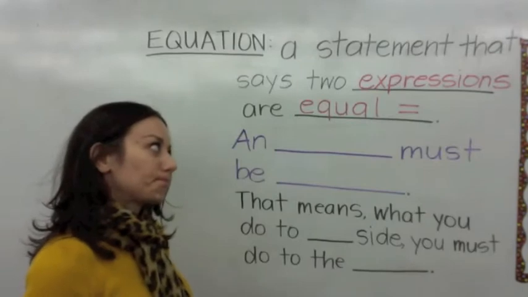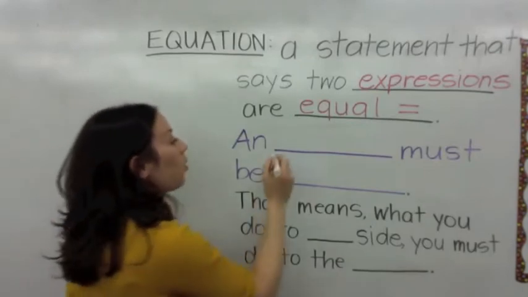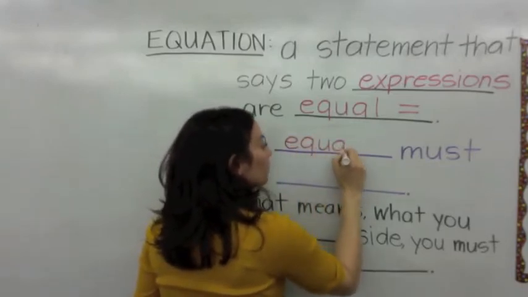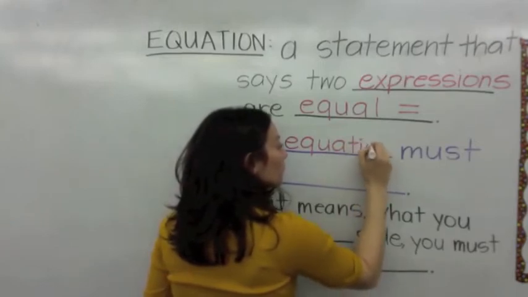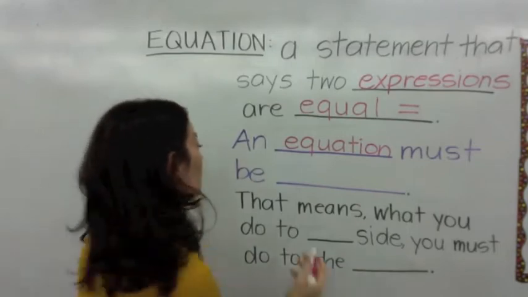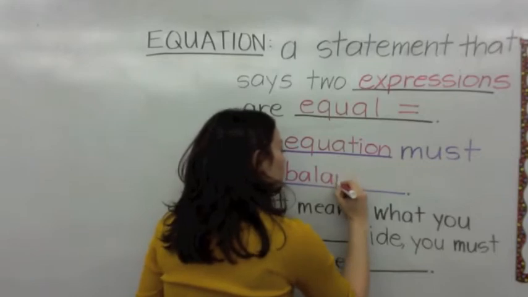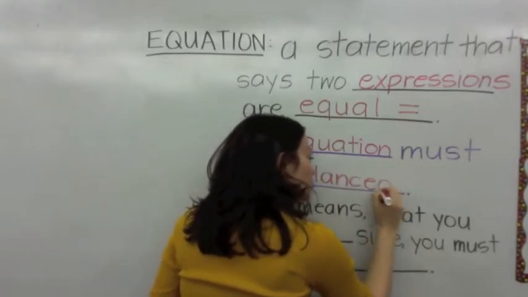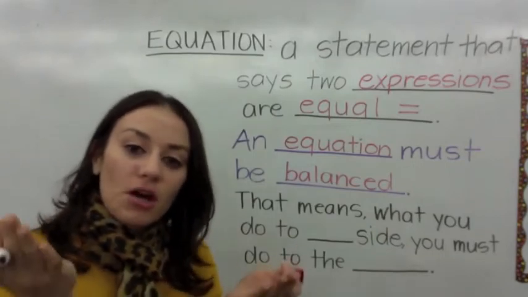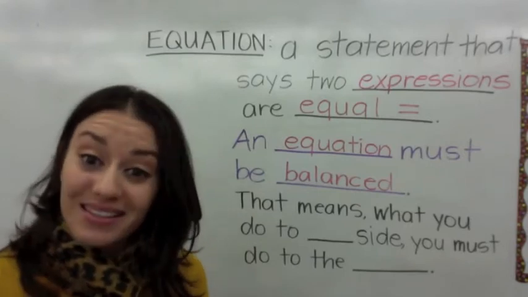Now, when you talk about an equation, it must be balanced. Okay, it has to be balanced. Because if you're saying that two things are equal, you're going to end up with something that is balanced.